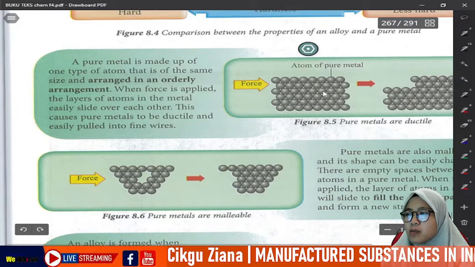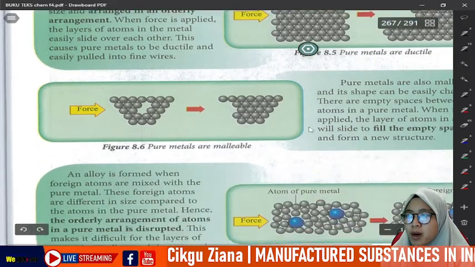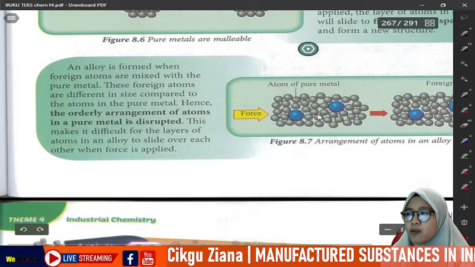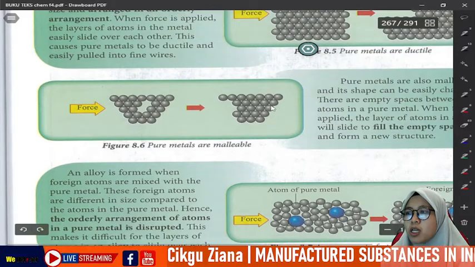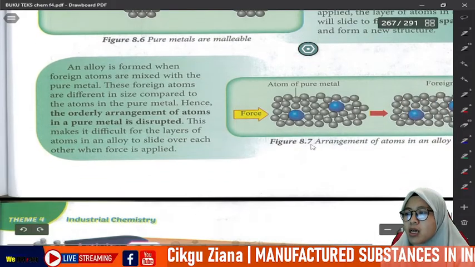So when we apply the forces, it is easy to slide over each other. But in an alloy, when the ferrous atom is included in the structure of the pure metal, it is not easily able to slide over each other. So that is the difference between pure metal and alloy.